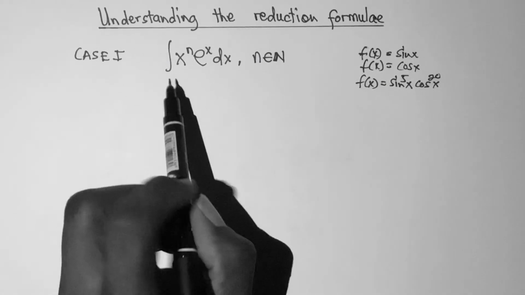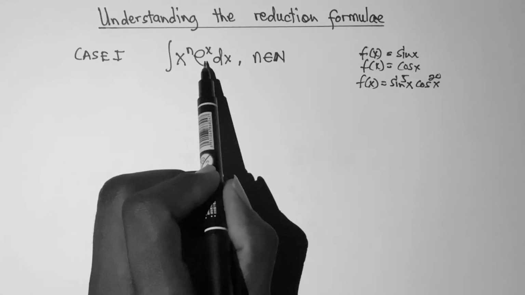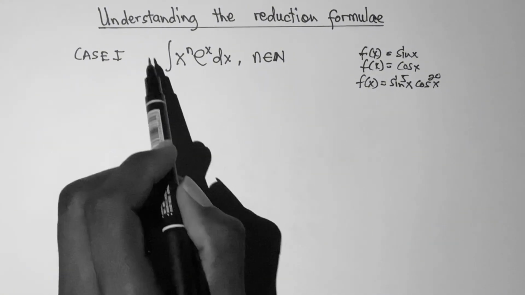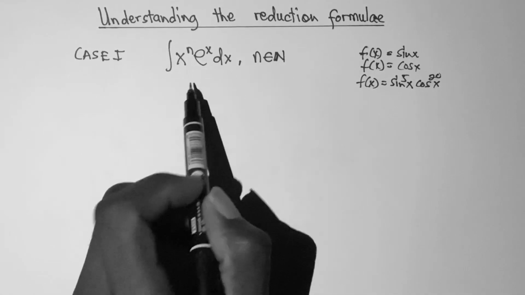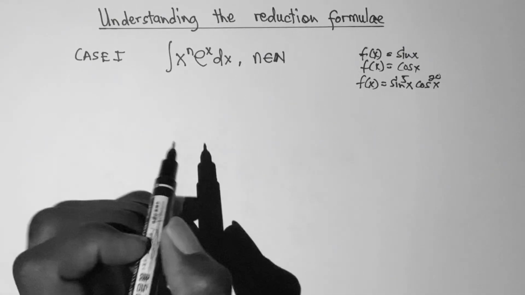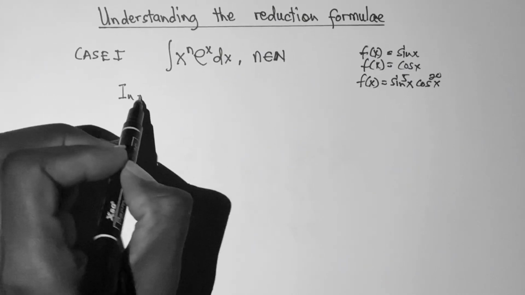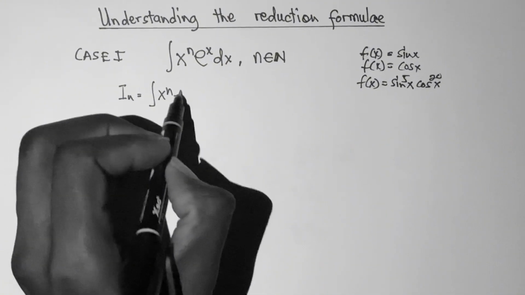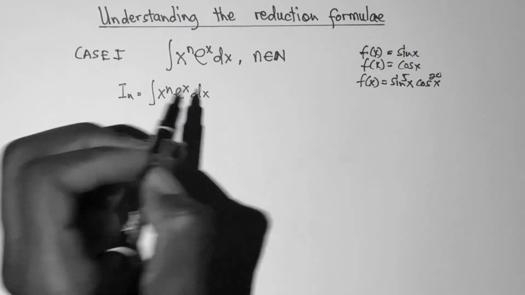So let's look at the case of integrations where we have x exponent n and exponent x dx. Any function that comes of this form, this reduction formula will work for it. So let I of n be equal to the integral of x exponent n, then exponent x dx.